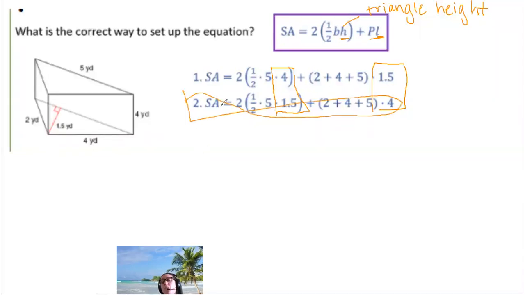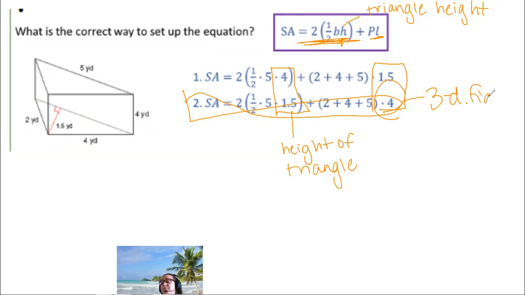The second one, you want this part in the front. This is the triangle area, so that one has to be the height of the triangle. And then the second L has to be the 3D figure height. So it's definitely number 2. Cool.